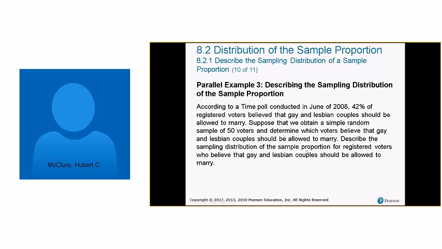Describe the sampling distribution of the sample proportion for registered voters who believe that. Okay, so you got some numbers in here. Your numbers are 42%, which is p, because that's not p hat. p hat is when you have a number over a number, and then it turns into p because 0.42. But, and 50.